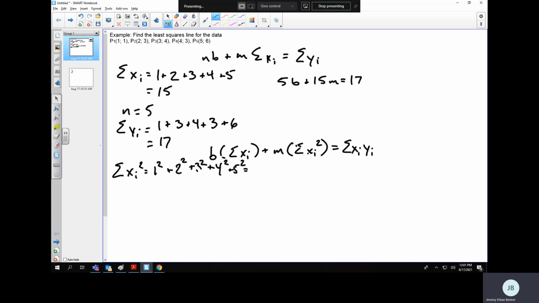Okay, that's 1 plus 4 plus 9 plus 16 plus 25, which is 5, plus 9 is 14, plus 16 is 30, plus 25 is 55. I'm going to do this on the next line. That looked a little bit better. There we go.